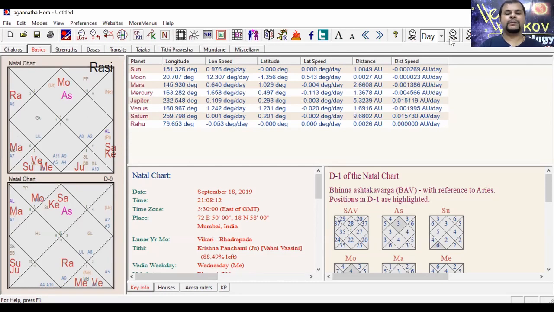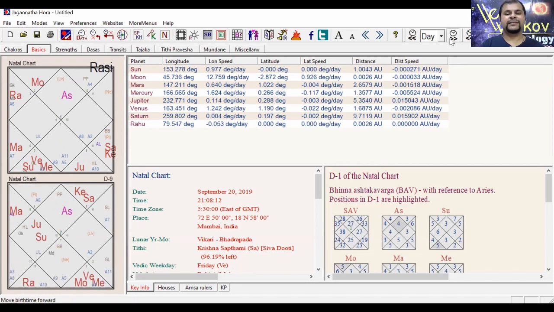So on that day, the planet Saturn is changing its direction and it is going direct. And we see again the speed is increasing, but it is very little, but slowly it is increasing. So like this, the speed will increase little by little. So this was a demonstration.